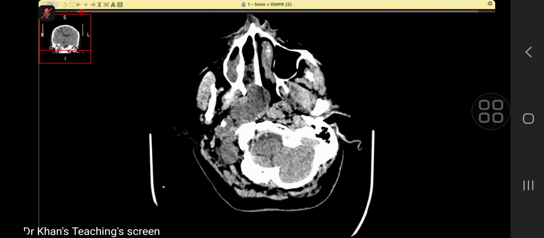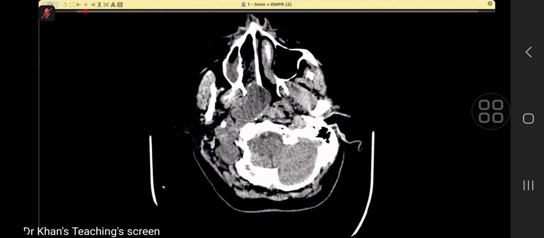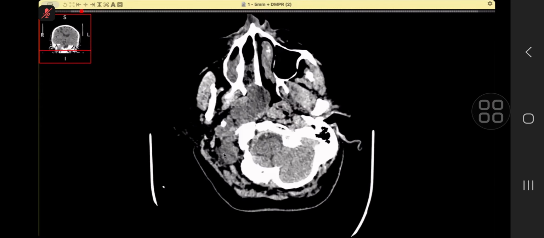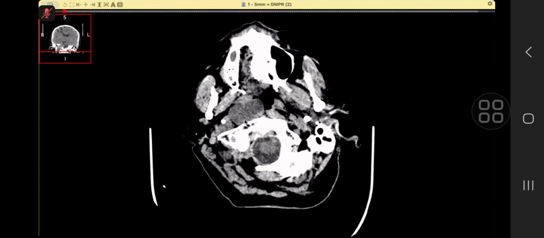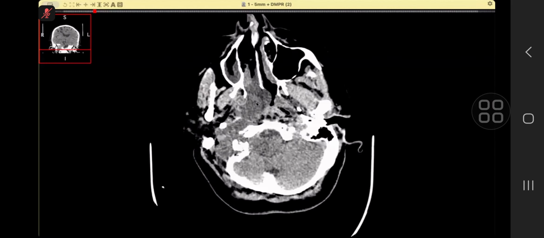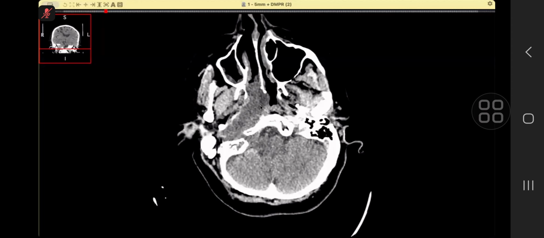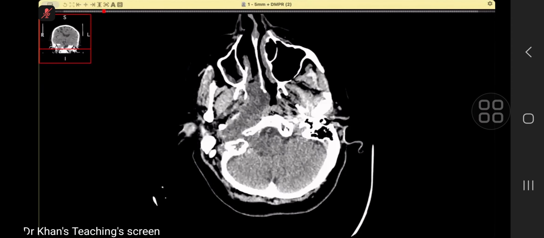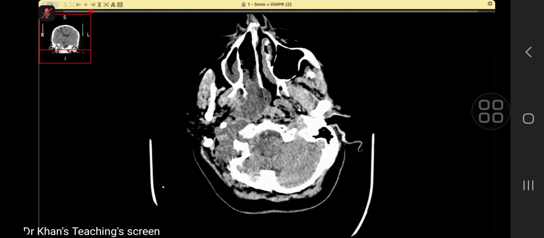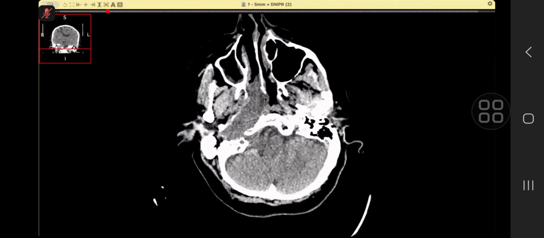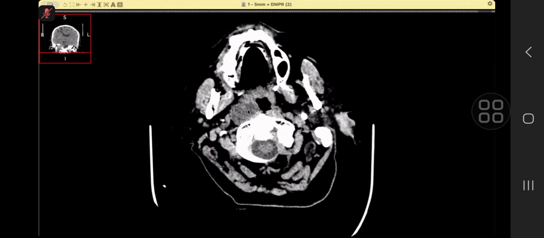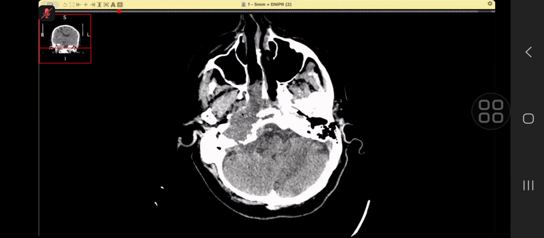It is invading it. Now, a portion of it goes into the carotid canal and then posteriorly, while there is a tongue of mass which goes anteriorly. If you see carefully, this is the adenoids, and there is a tongue there which goes into the nasopharynx, and then it goes inferiorly.